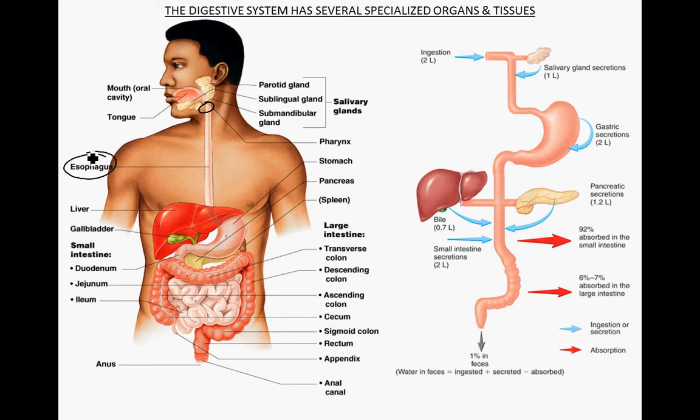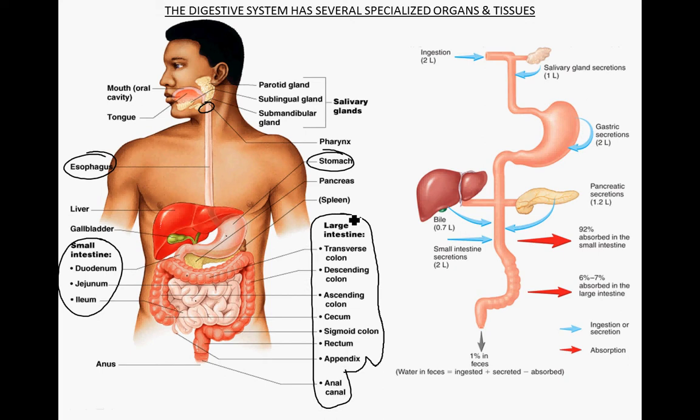So esophagus, stomach, the small intestine, including all three sections, and then the large intestine, which is labeled here. All these colons here, the large intestine, colon, sigmoid, all of this is also part of that GI tract.